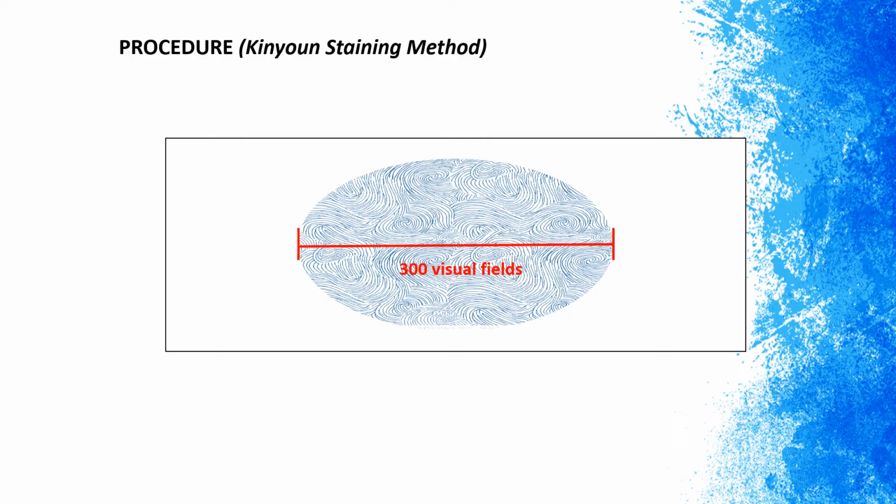And if there were no AFB seen from side to side, it is reported as negative. Now, if you divide it into 2 equal parts, that would be equal to 150 visual fields. If you divide your smear into 3 equal parts, that would be 100 visual fields each.